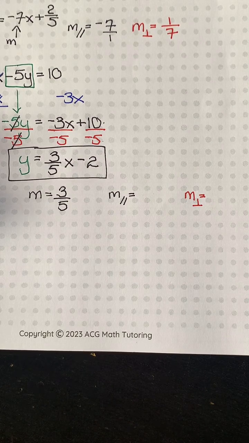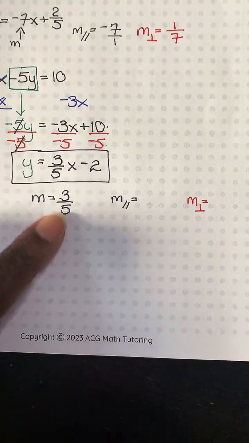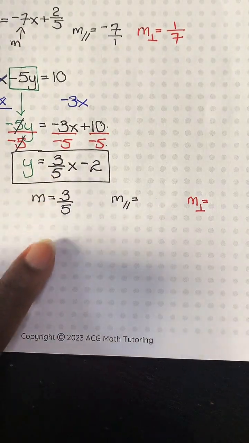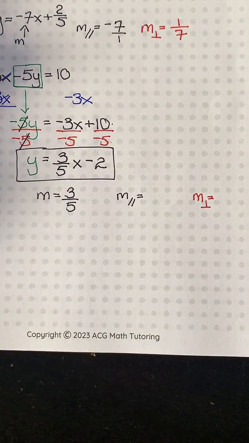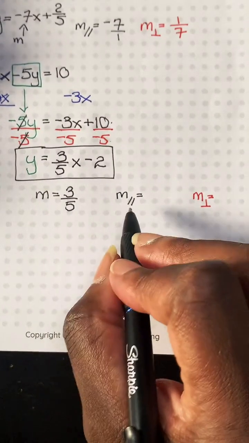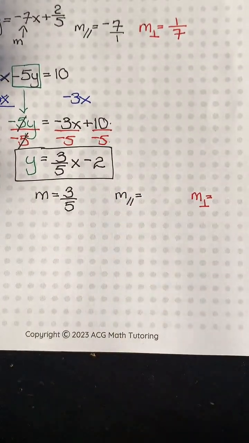Keep, flip, change. There we go, Michael. Keep, flip, change. Okay. So this one you will keep. You're going to change the signs and you're going to flip it. Good. So the parallel lines is going to be exactly the same.